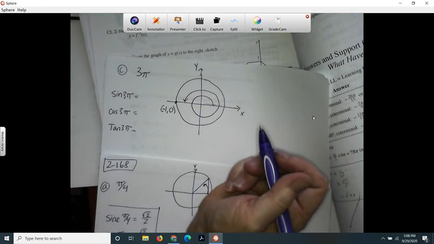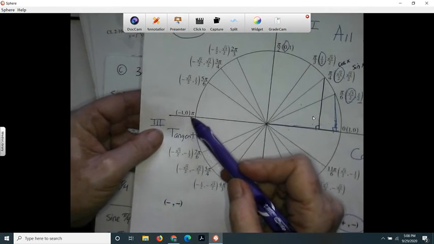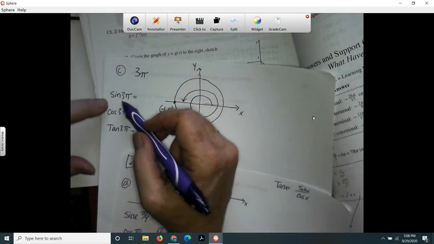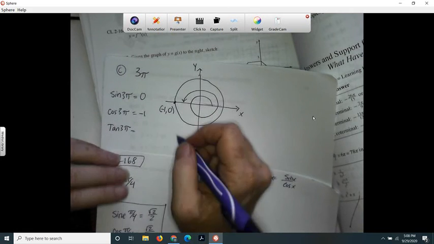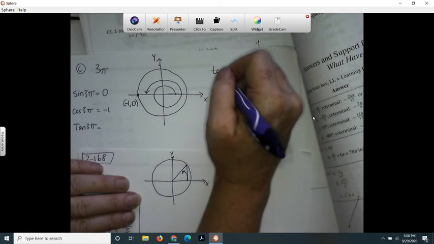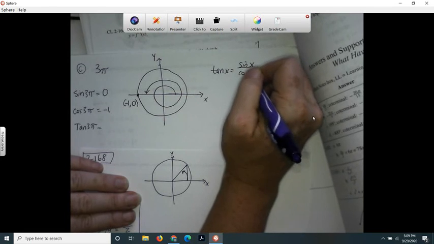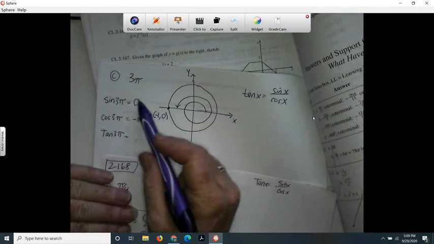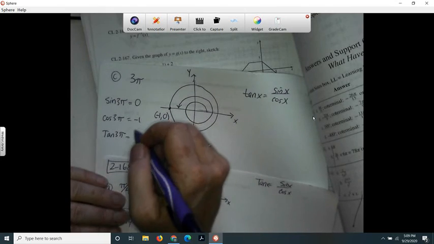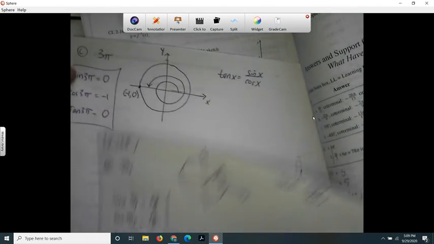And if you look at a unit circle, you would see. Okay, so I can just read it off. Sine is 0, cosine is -1. Tangent is sine over cosine. So it's going to be 0 over -1, which is 0. Okay, and that's all I have for you.